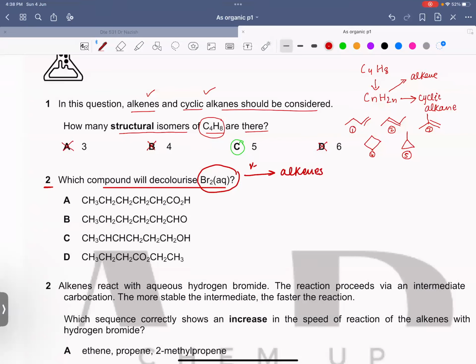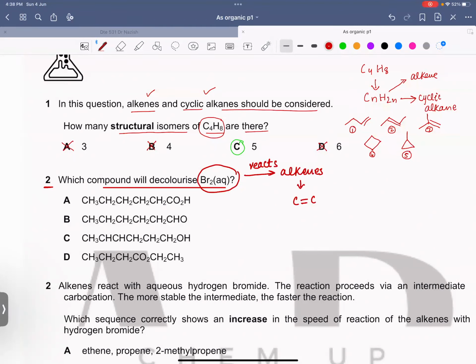No other compound, okay? They react with alkene only. So we have to figure out in which compound there is a carbon-carbon double bond, or in which compound there is an alkene. And whenever we say alkene, it means there is a carbon-carbon double bond in the structure.